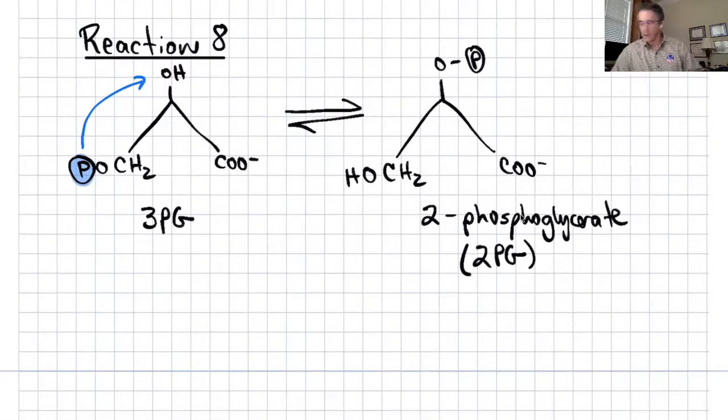Okay. The enzyme that runs this reaction is known as an isomerase, it's known as a mutase. It's called phosphoglycerate mutase.